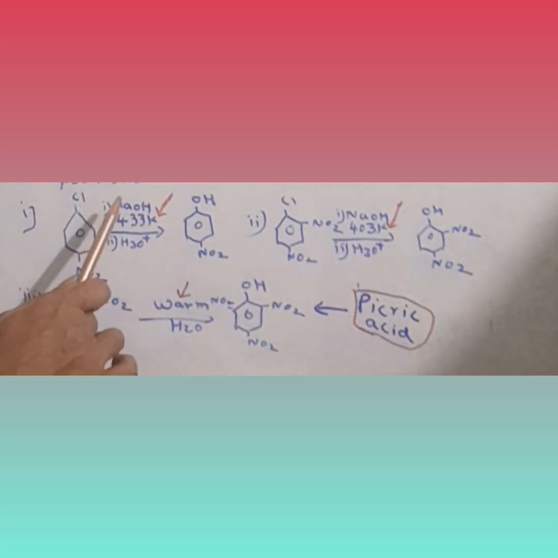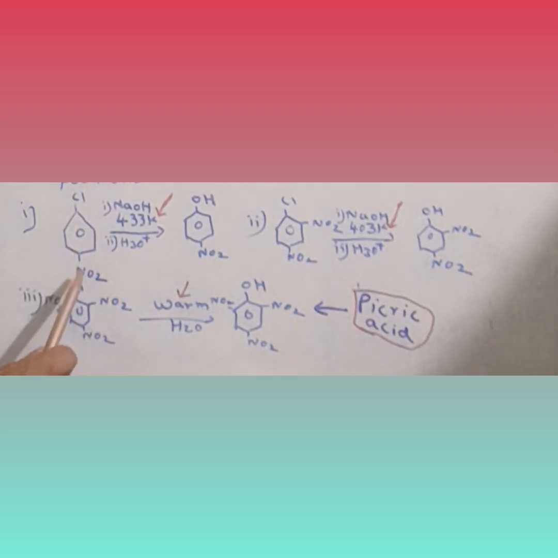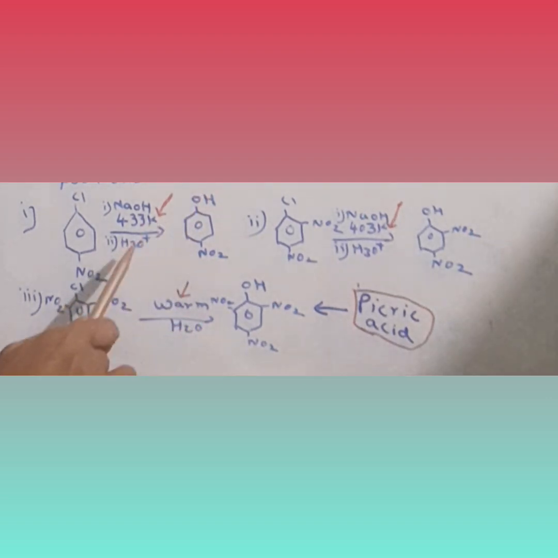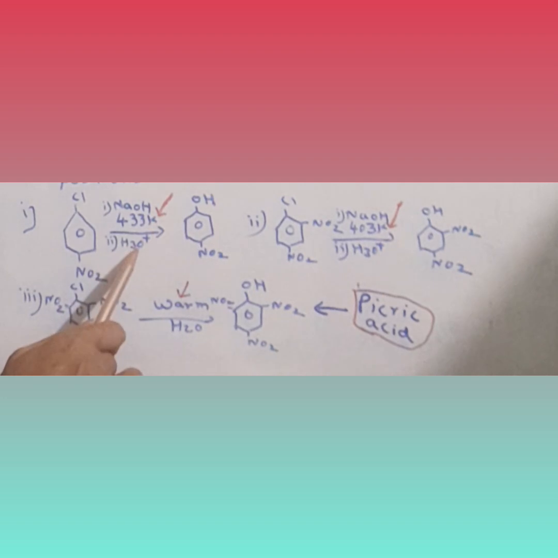Now, here the situation was 1 nitro group at para position, sodium hydroxide, temperature. That's in first step. In second step, now since we have used sodium hydroxide, this would be in Na form, sodium salt of paranitrophenol. Alright, so we have got to get phenol. So Na salt has to be acidified with acid.